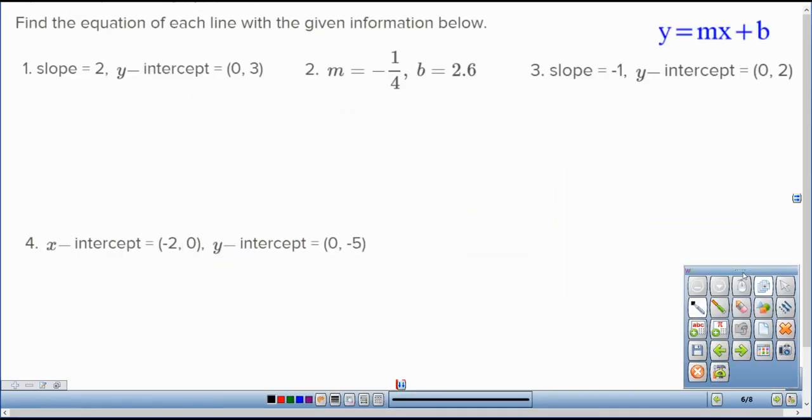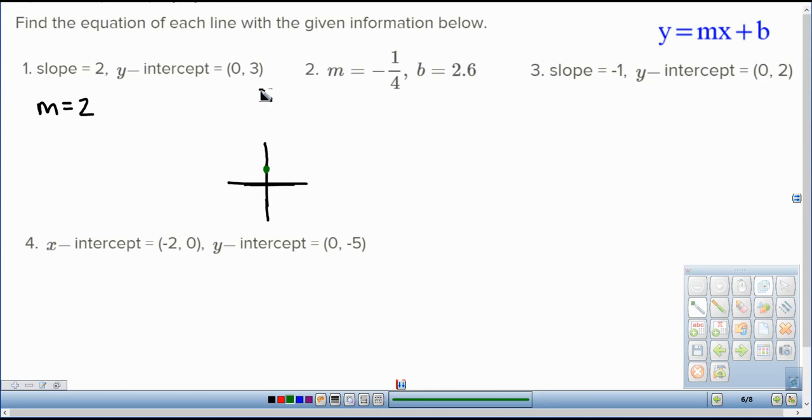So let's just run through a couple examples where we are finding the equation of the line in the form y = mx + b. So here they told me slope is 2. Remember, m is slope, so m is 2. This is a notation for y-intercept. It's telling me the actual ordered pair. But if I were to plot that point on this graph, (0, 3), that would be 0 and then up 3.